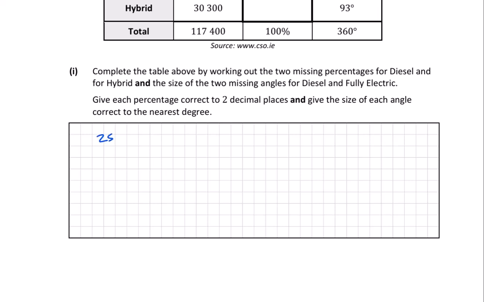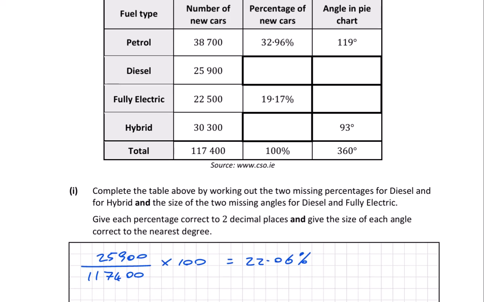You got to divide by 117400, multiply by 100. That gives us 22.06%, and that's the 2 decimal places. So that number goes in here, 22.06%.